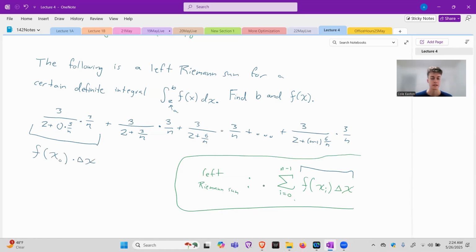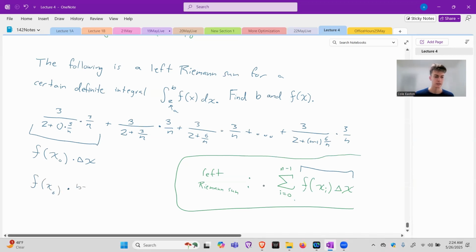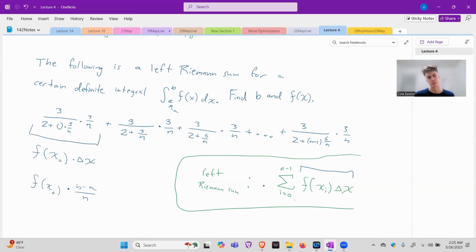Now, what does delta x mean? Delta x means b minus a over n. So let's rewrite that: f of x0 times b minus a over n. It looks like this b minus a over n should line up with our 3 over n. So those are probably the same part of this product.